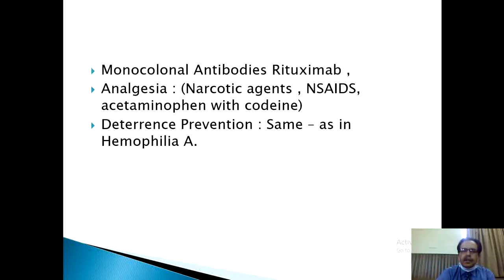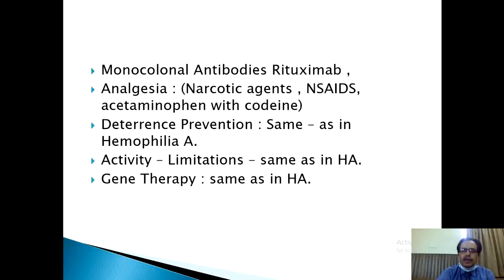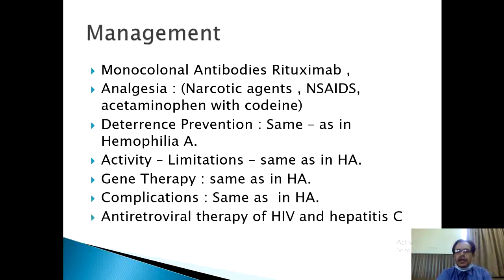Continuing the management, we use monoclonal antibodies in cases which are refractory to factor 9 complexes or recombinant factor 9 and factor 7.